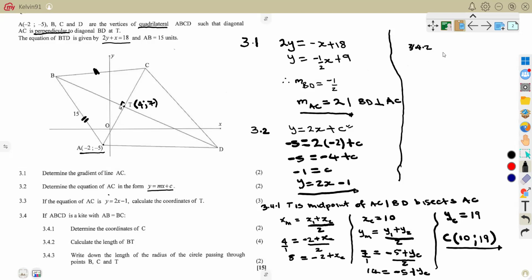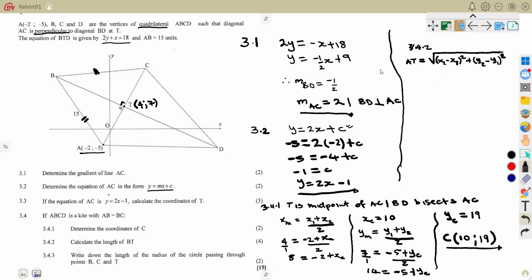So from there, we can say the length of AT is equal to the square root of, using the distance formula, x2 minus x1 squared plus y2 minus y1 squared.